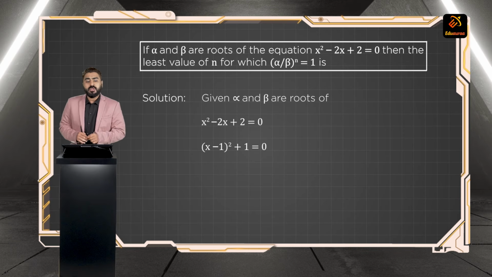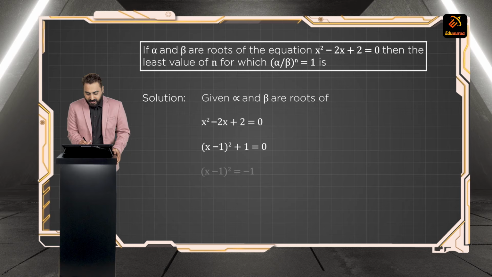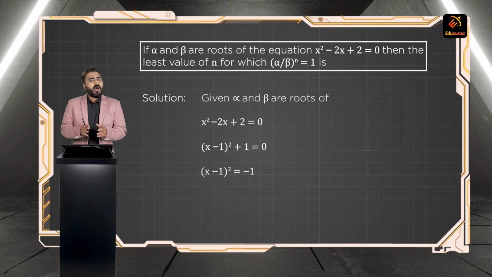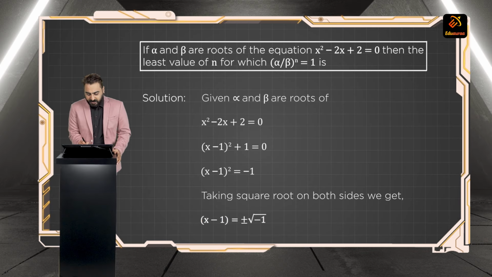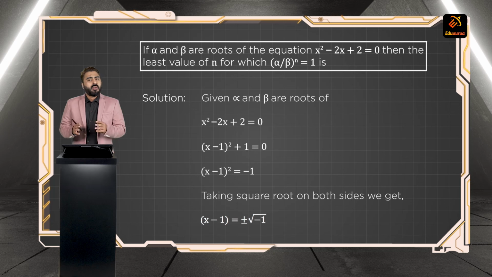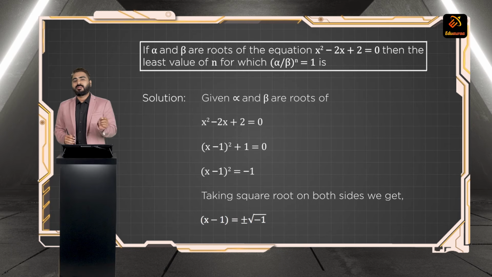So students, from this we can say that (x minus 1) whole square is equal to minus 1. Now students, when we take square root on both sides, what do we get? So we get x minus 1 is equal to root of minus 1. Now students, tell me one thing, what is root of minus 1? Yes, it is nothing but your imaginary term.